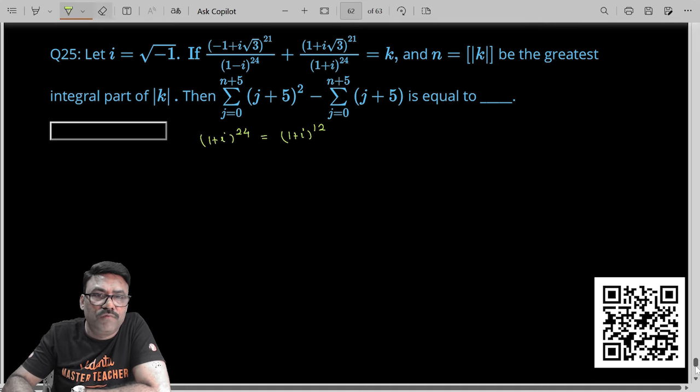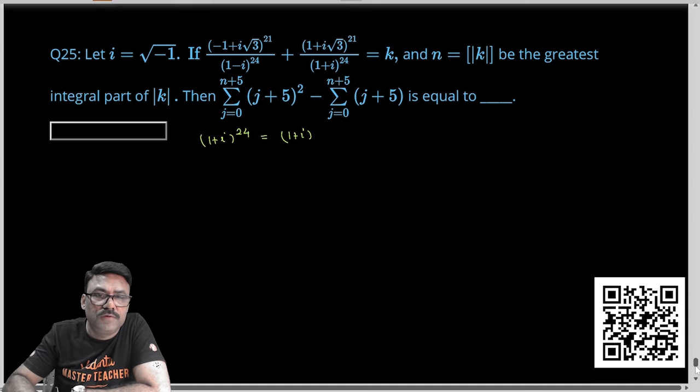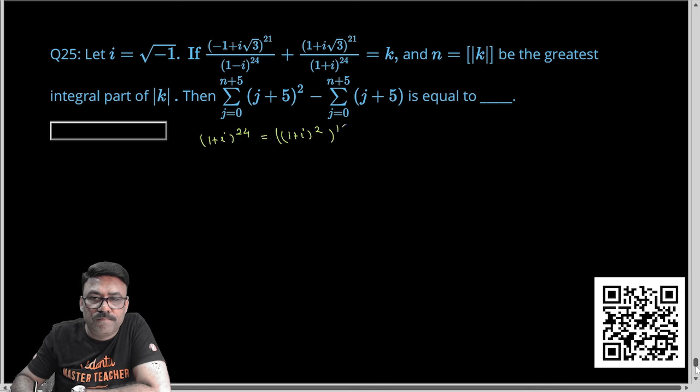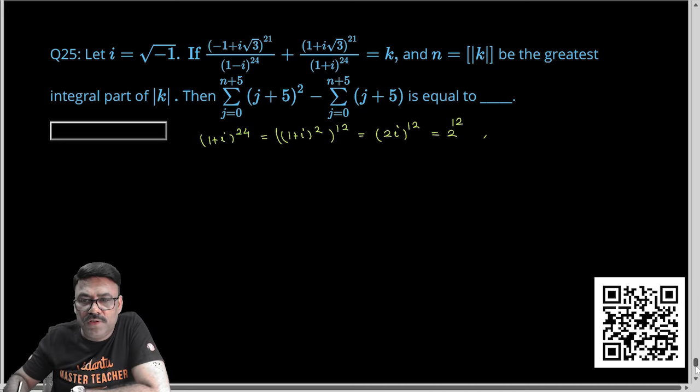It is 1 plus iota whole square raised to 12. And 1 plus iota whole square is 2 iota, raised to 12. So basically it is 2 raised to 12. Similarly, 1 minus iota raised to 24 is also 2 raised to 12.